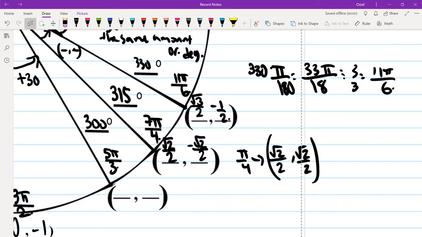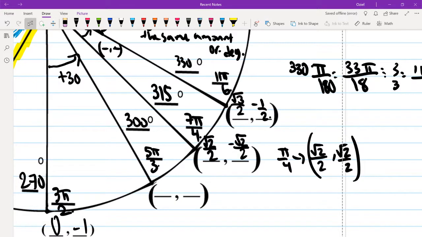And then for this one, it would be 1/2, negative square root of 3 over 2.